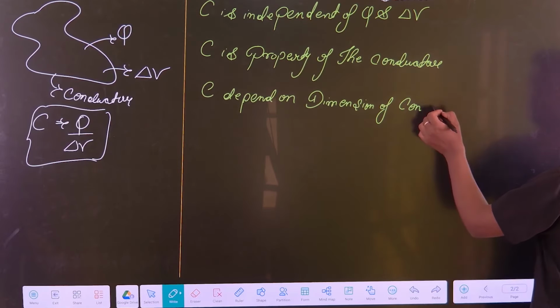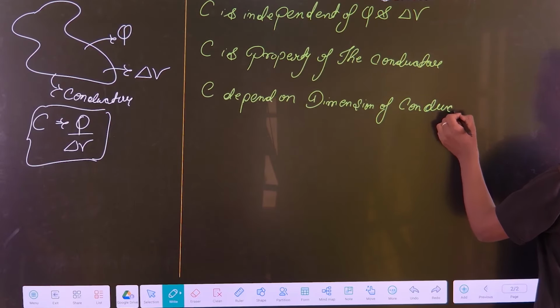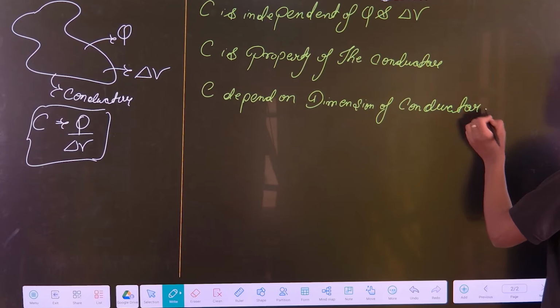What is the dimension? Correct, dimension of the conductor. That is the first point.